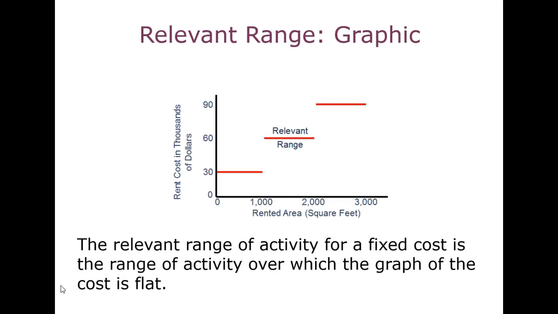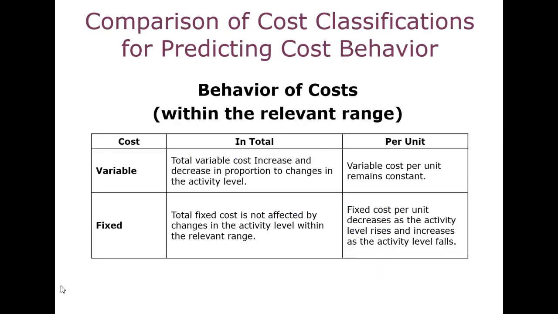You can see from 0 to 1,000 feet, this is going to cost us $30,000. If we have to increase our area, because we just need more production area, we have to go in 1,000 square foot increments, so it jumps to $60,000. We don't have a choice to go to 1,500 square feet. So we jump from 1,000 to 2,000 square feet. The cost jumps from $30,000 to $60,000.